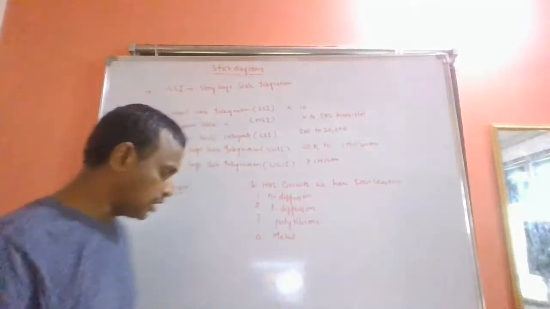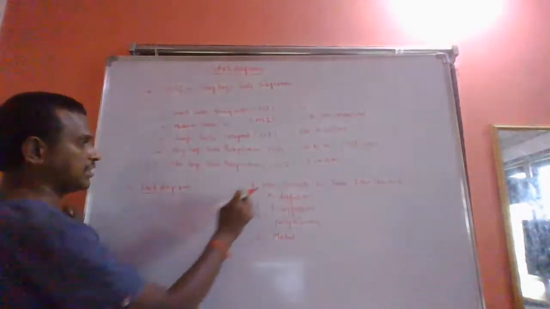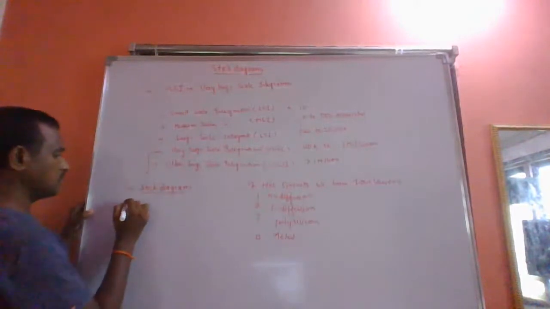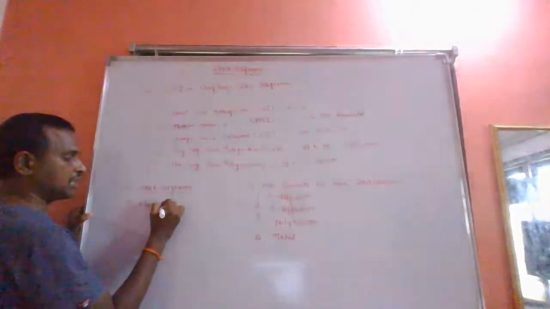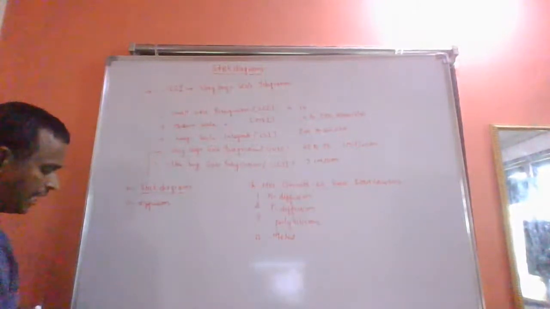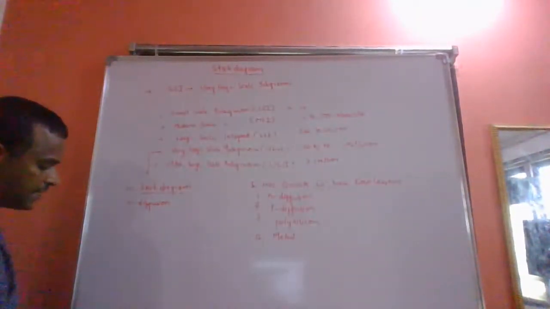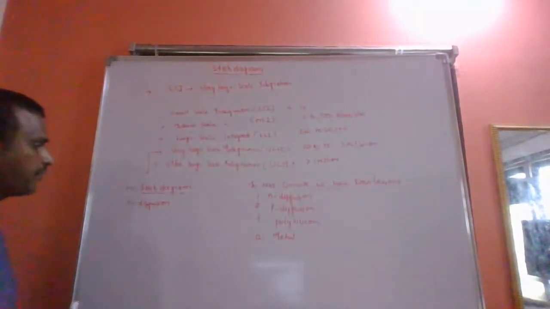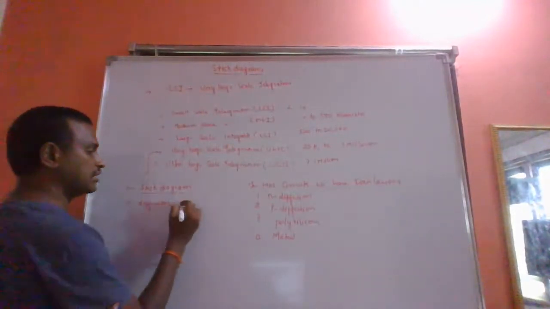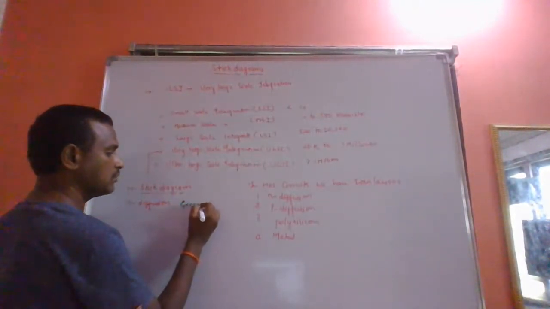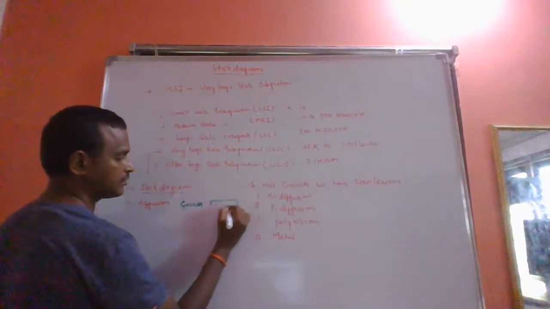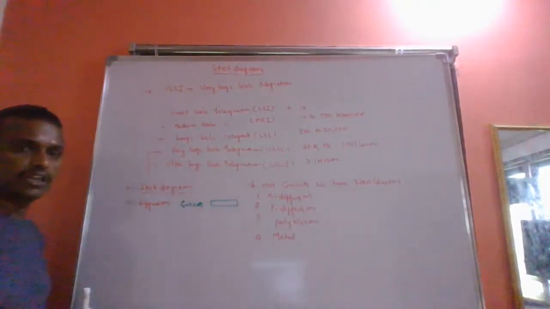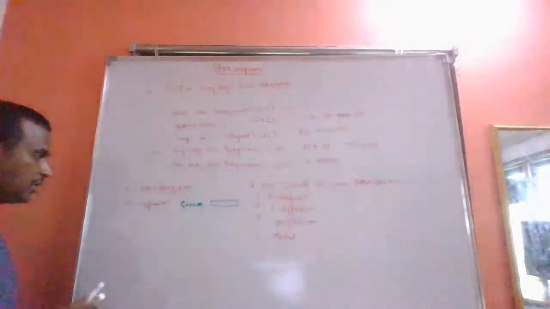If you consider N diffusion, we can represent the layer with green color. The stick will be represented with green.